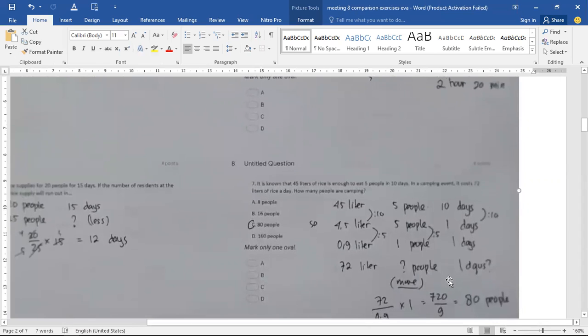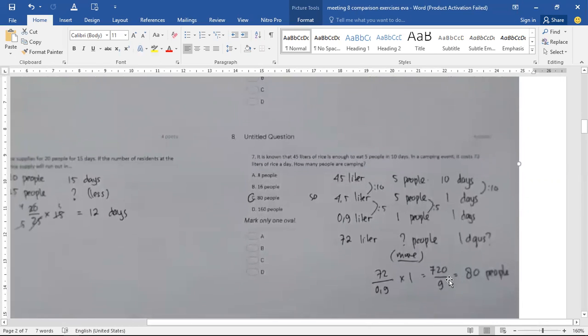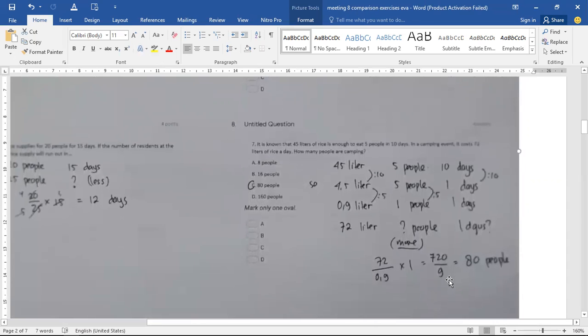Next, number 7. It is about supply again. So 45 liter enough for 5 people, 10 days. How can we make it easy, because here we compare 3 things. So simplify it to make it into simple parts.